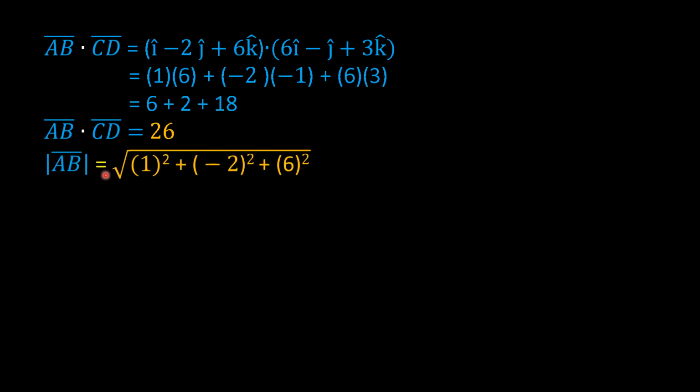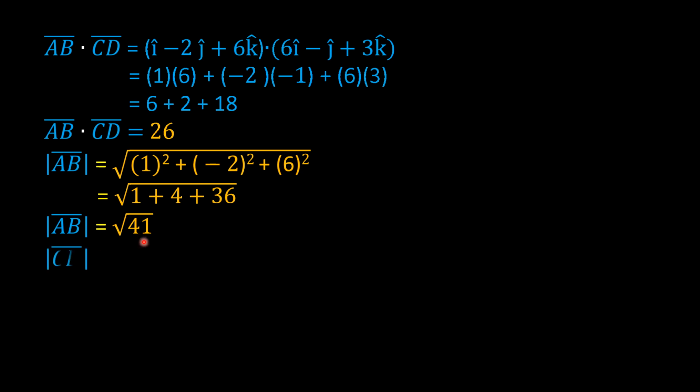Mod AB bar will be under root 1 squared plus minus 2 squared plus 6 squared. It will be 1 plus 4 plus 36. So mod AB bar will be root 41.